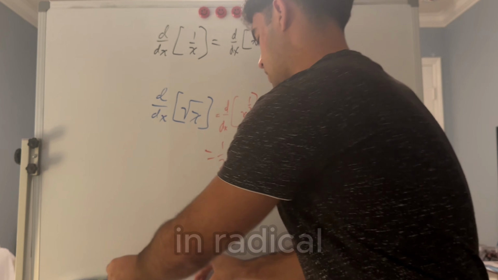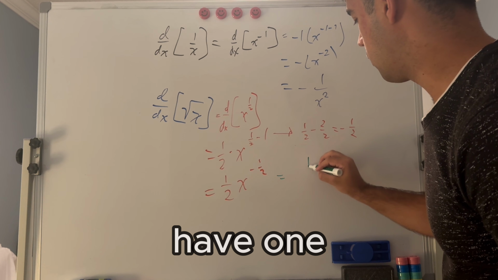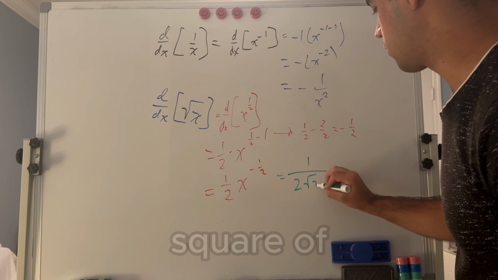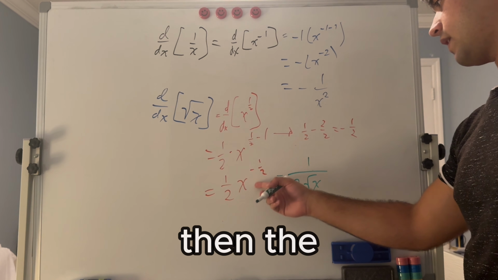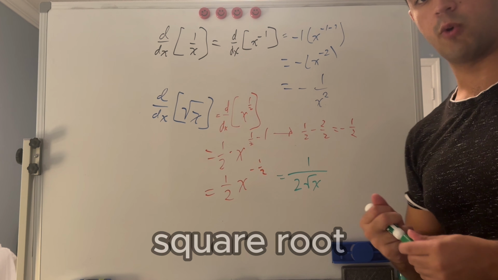To rewrite this in radical form, we would have 1 over 2 times the square root of x. The 2 stays on the bottom, the negative exponent brings the x to the bottom, and the 1/2 makes it the square root of x.